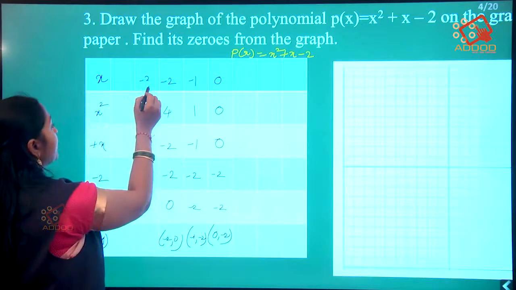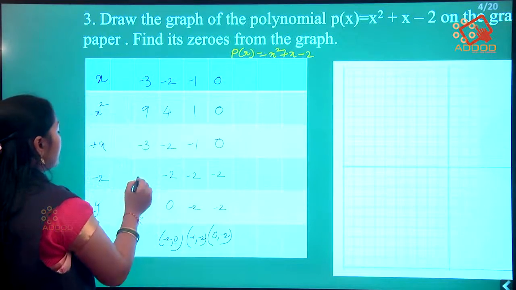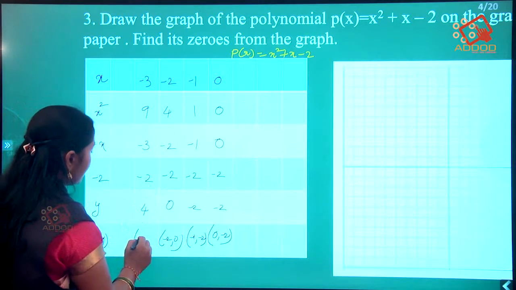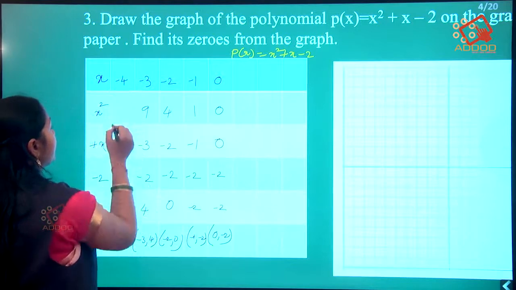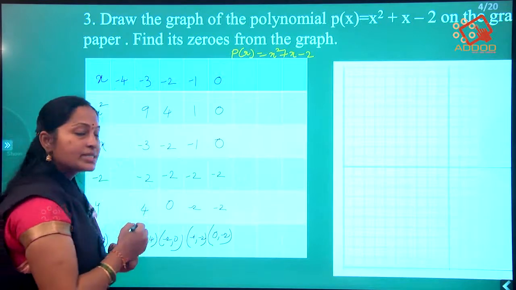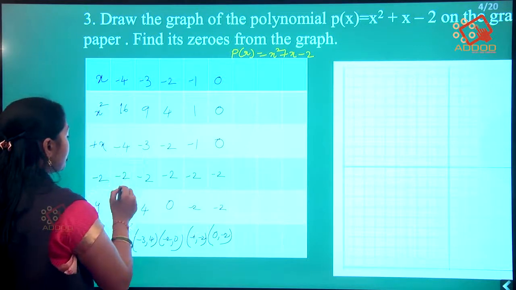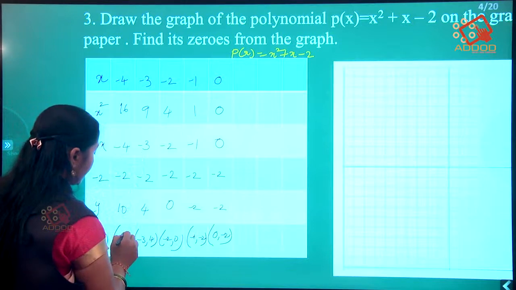Now minus 3: x square becomes plus 9, it is minus 3, and minus 2 is plus 4: minus 3 comma 4. Next minus 4: x square becomes 16, minus 4, minus 2, it is 10, so minus 4 comma 10.